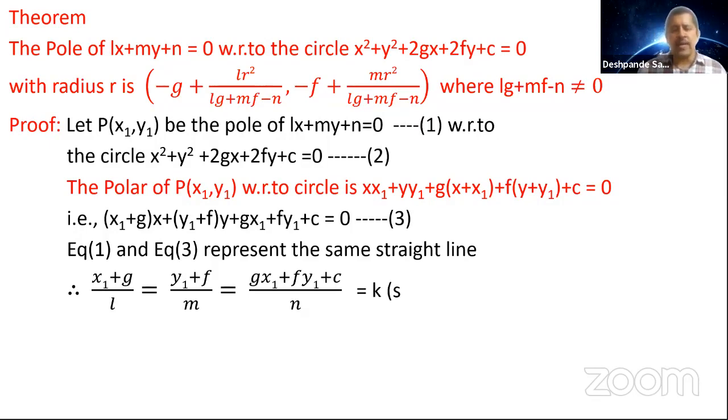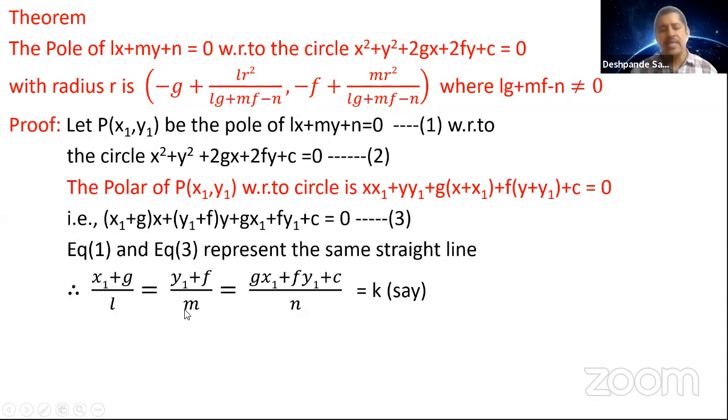Now you got an equation here, and you need to find the values of x1 and y1. Earlier, when the values were given, you took any two and solved the equation, then took the second pair and solved again. But here you observe that these are general values. x1 is not known, g is not known, l is not known.